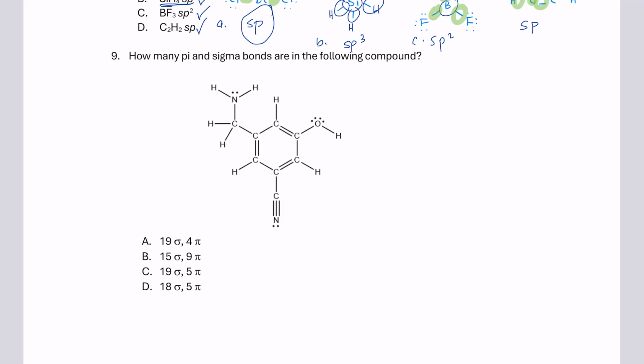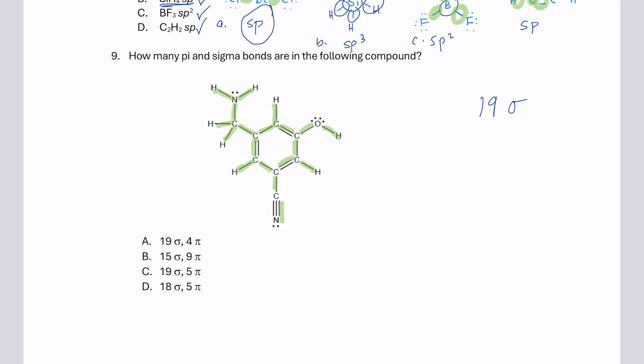pi bonds. So here we have 1, 2, 3, 4, 5, 6, 7, 8, 9, 10, 11, 12, 13, 14, 15, 16, 17, 18, 19 sigma bonds. Now we can account for pi bonds. So the remaining bonds are going to be pi bonds.